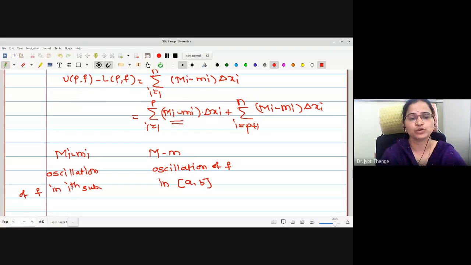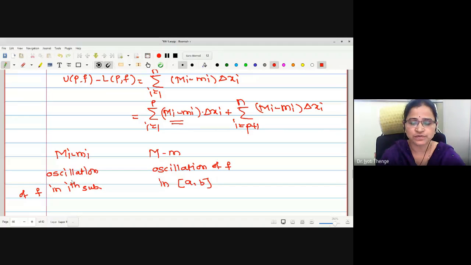Closed interval a to b. Then can anyone tell me the relation between these two numbers? Three options you have: equal to, less equal, and greater equal. Less equal, yes. Why is it? Because the ith subinterval is a subset of your closed interval.